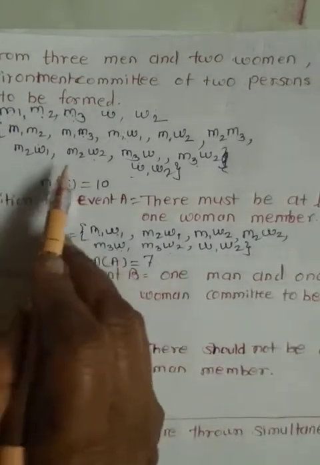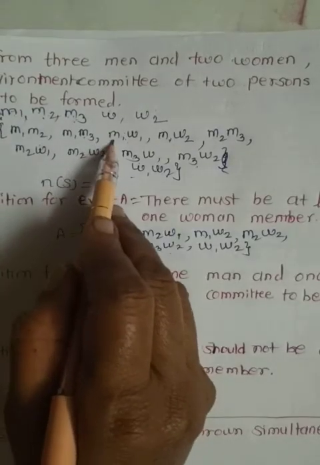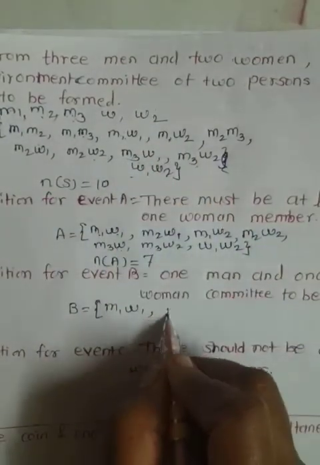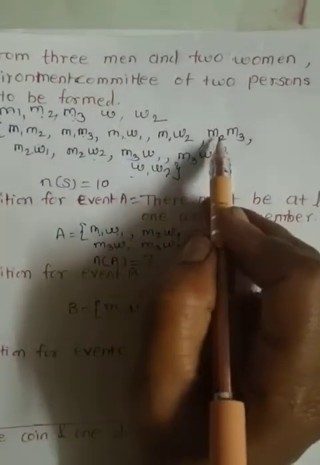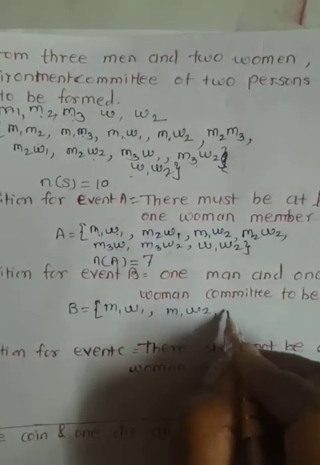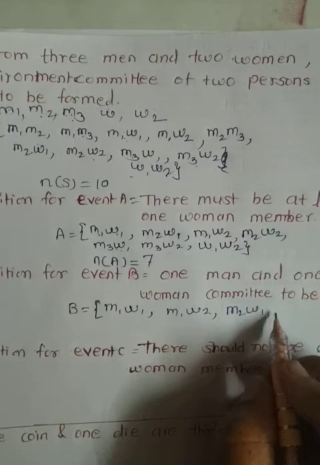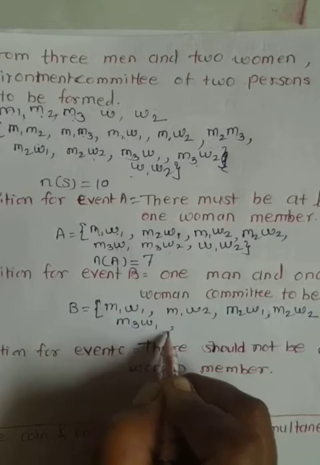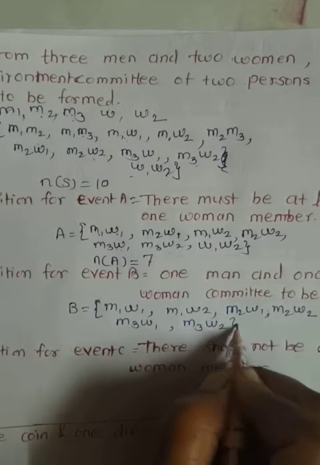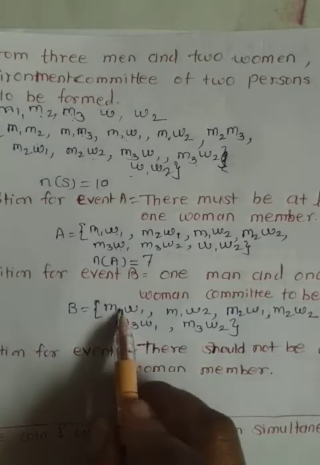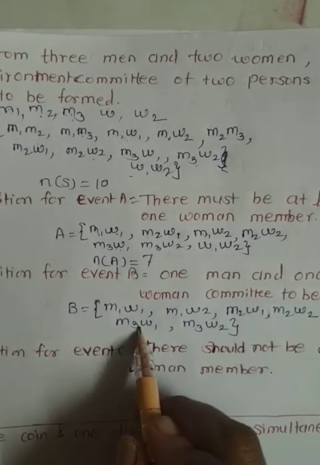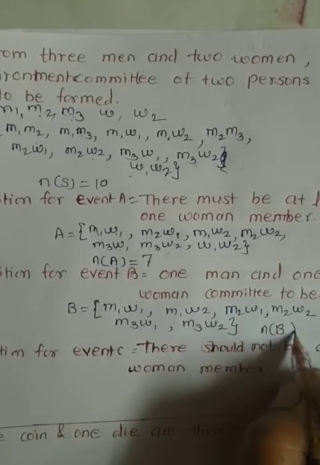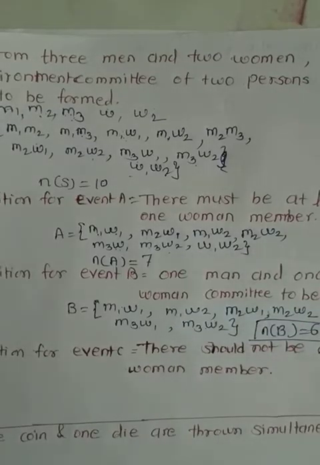One woman and one man, like this way: M1 W1, next one M1 W2, next one M2 W1, next one M2 W2, next one M3 W1, M3 W2. Now we count: 1, 2, 3, 4, 5 and 6, and therefore number of B is equal to 6.